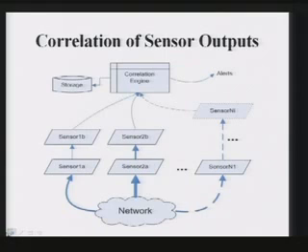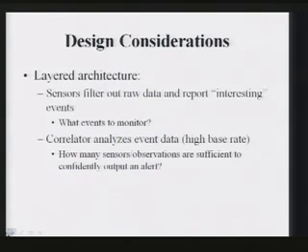Another architectural style to reduce false alarms, which is also somewhat obvious, is that you can deploy a lot of sensors in your network. Suppose they look at different segments of a network, or at different kinds of evidence, and then you try to correlate them. When you correlate, you have a chance to reduce false positives. So you can think about all these diverse sensors and correlation as a kind of layered architecture, meaning that the sensor already filters out data that's not interesting.